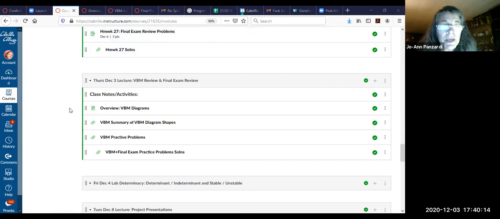So basically we have practice problems in shear and bending moment diagrams. There are about 6 or 7 problems here. And then homework 27 is a bunch of all statics multiple choice. So not only are you trying to figure out what the answer is, but try to figure it out in the most efficient way to save time.